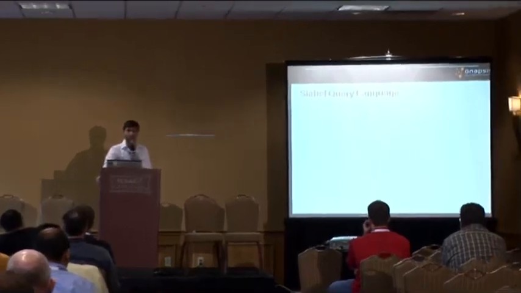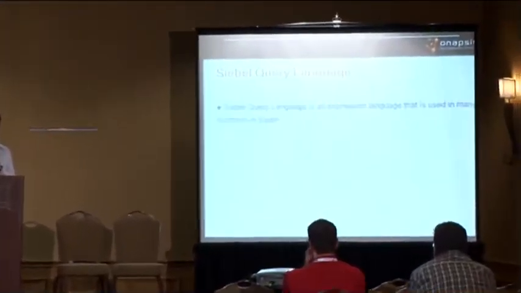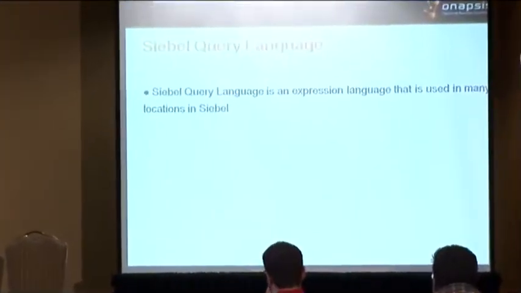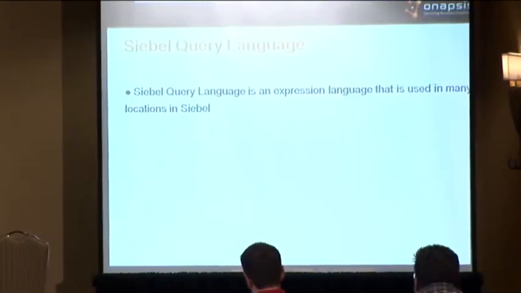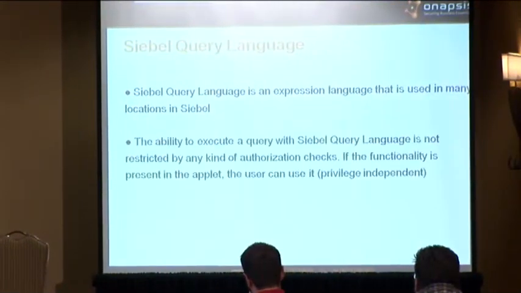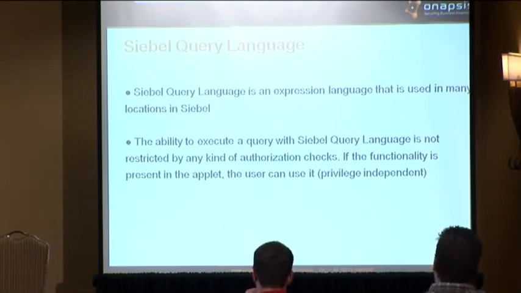There is something called the Siebel query language. This is a built-in language on the Siebel system. It's an expression language that is located all around Siebel. With this language, you can do queries. For example, you can sort an applet for all the products that have one responsible.